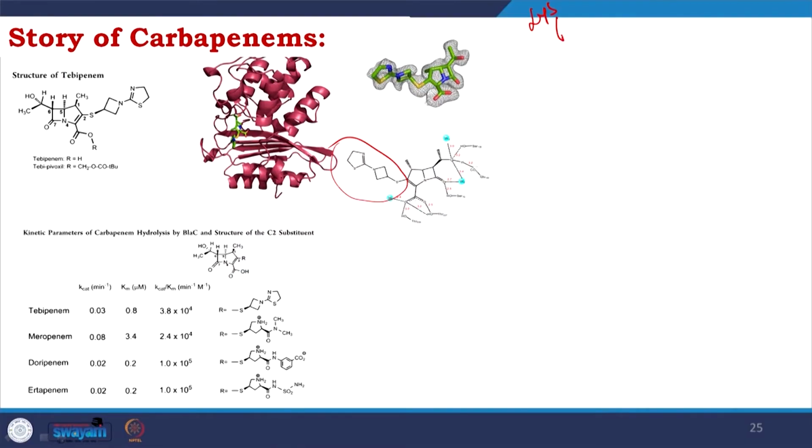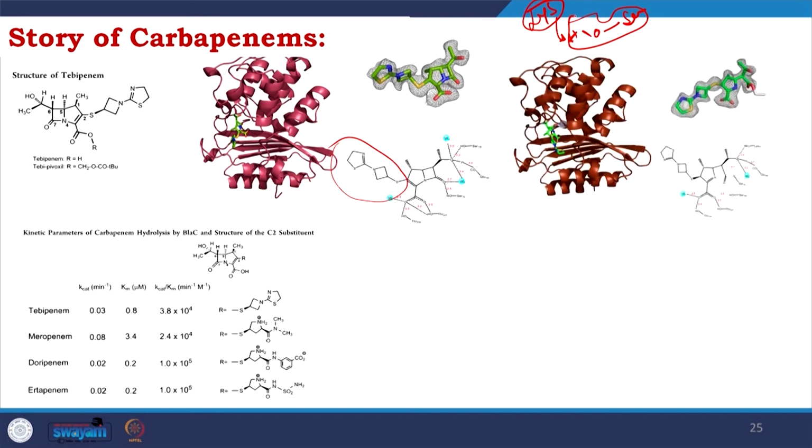To understand that, this is my work. What I did, I tried to trap the compound before the reaction and after the reaction. You will say, okay, we understand after the reaction. How before the reaction? What we did, if you remember, there was a lysine which takes the proton from the serine. We mutated that lysine so the serine proton is intact and the reaction did not happen.